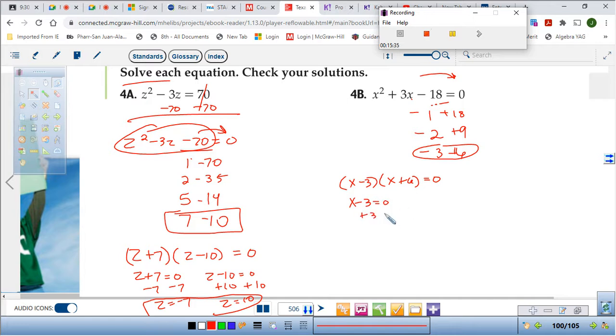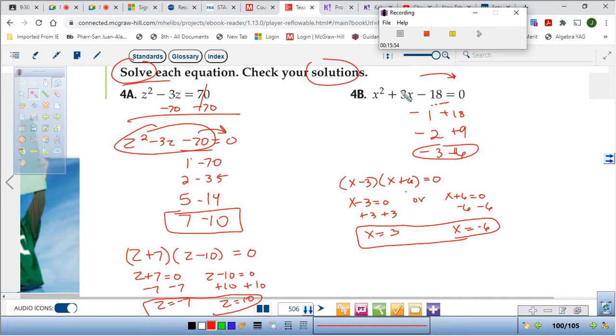We're going to go ahead and add 3, so x is equal to 3. Where x plus 6 is equal to 0, or minus 6, we have x equals negative 6. So these are my answers that solve that one. This is the one that has my solution. These are my roots, my zeros. Okay, 0. Hello, it's right there in front of your face.